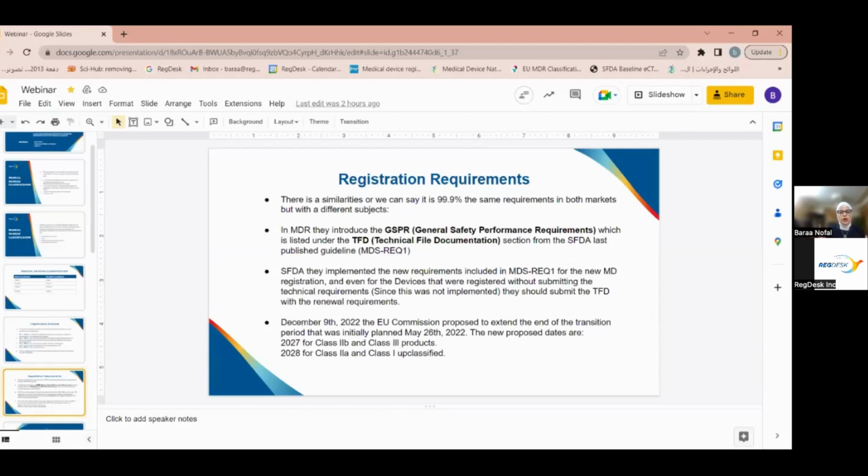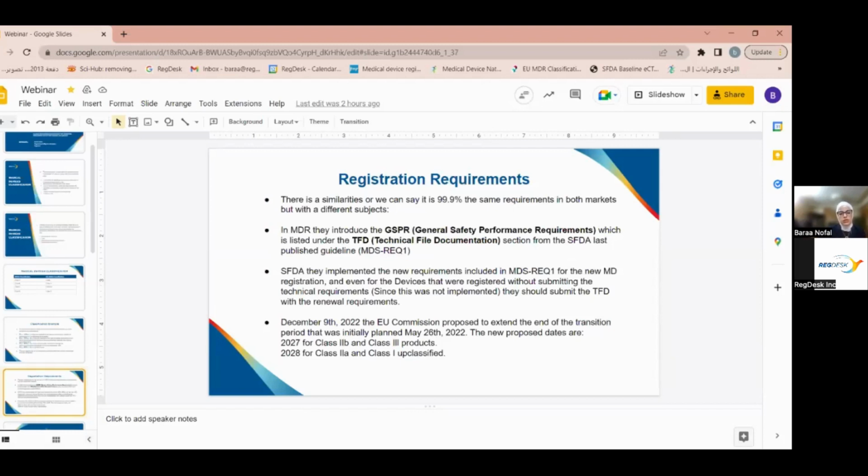Actually, in December of this month, the EU Commission released that there is an extension. For Saudi FDA, till now we do not have any updates on whether they will do the same thing or provide more flexibility about the technical documentation to be submitted, as the EU decided.